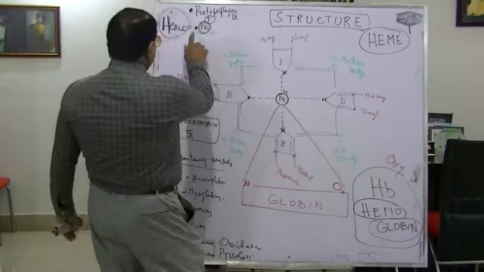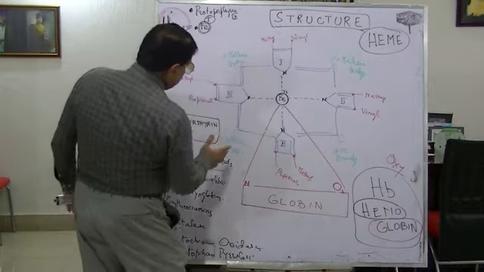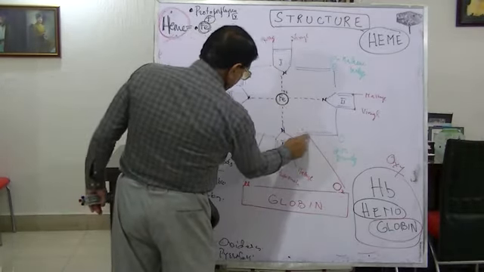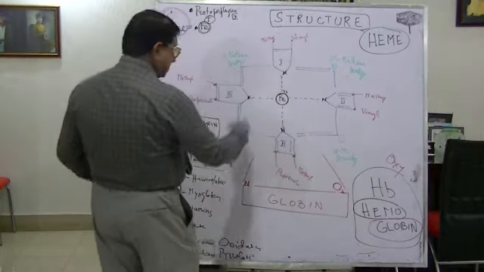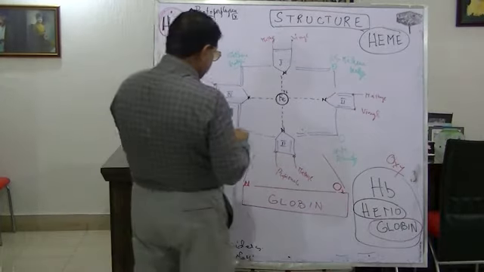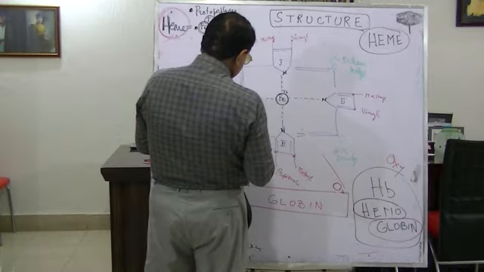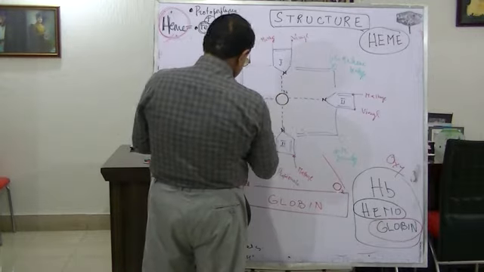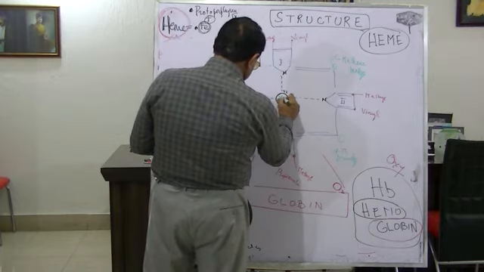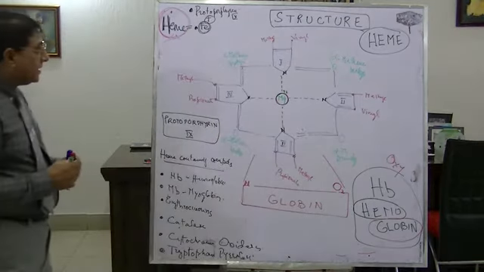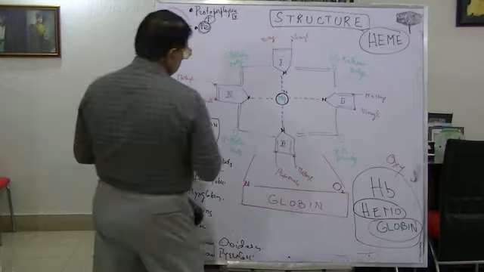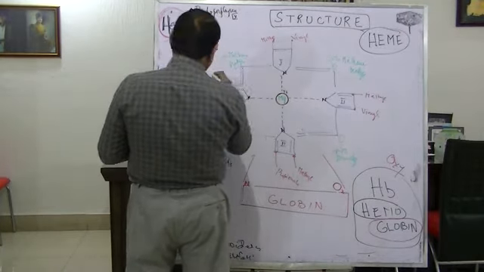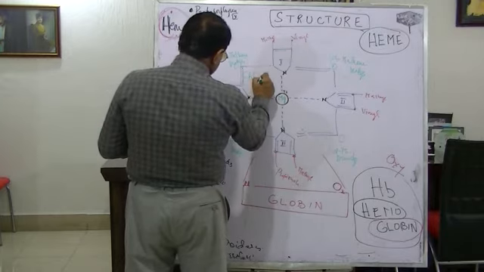If we're only talking about heme, heme was protoporphyrin plus iron with no globin attached. Supposing no globin is attached, and in place of iron you've got magnesium. If there was magnesium over here, what would have been the compound? It would have been chlorophyll. The rest of the structure is the same, and with magnesium you've got the compound chlorophyll in the plants.